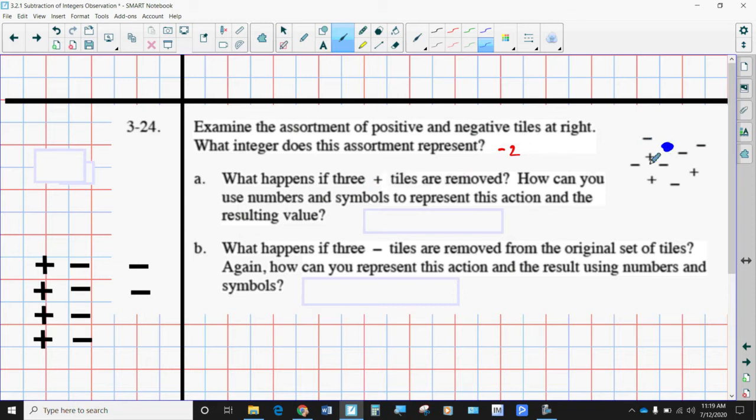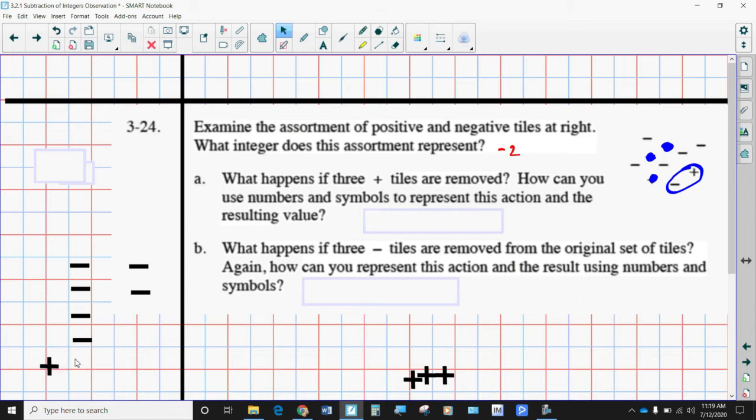So that's no longer there, that's no longer there, that's no longer there. And this results in a 0 pair, correct? Or if you had pluses and minuses like we did in the classroom, you could say, okay, I'm going to remove 3 of these tiles. There goes 1, there goes 2, and there goes 3 of those positive tiles.